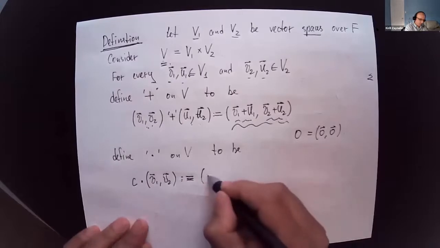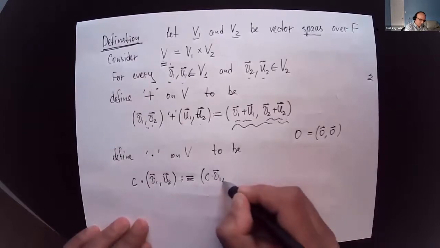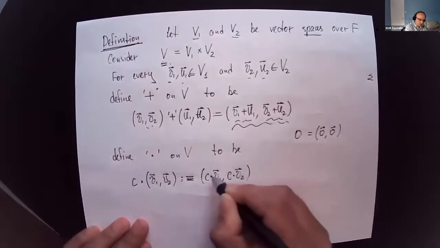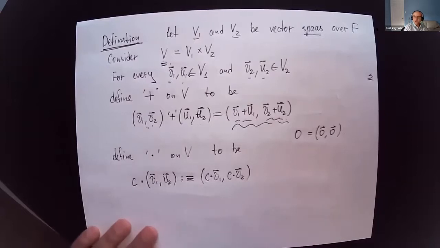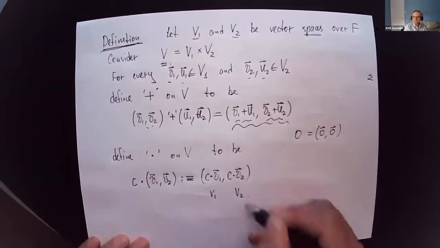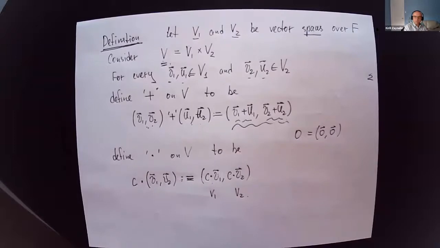So we just set it to be (C times V1, C times V2), where these dots here are just the usual, the given scalar multiplications in the vector spaces V1 and V2.